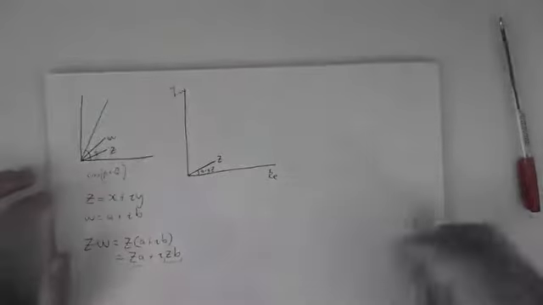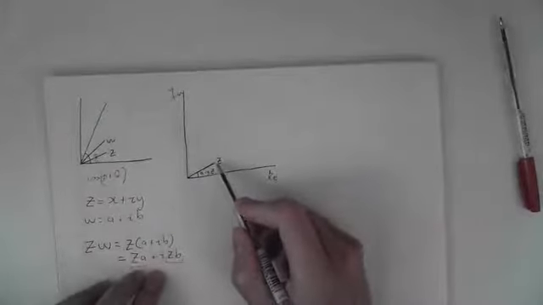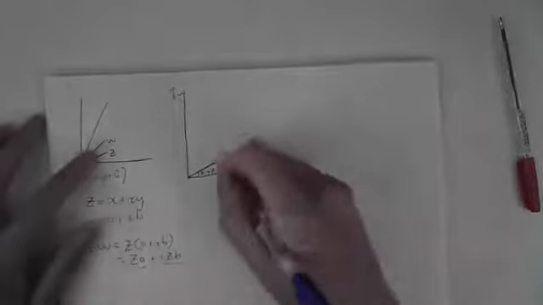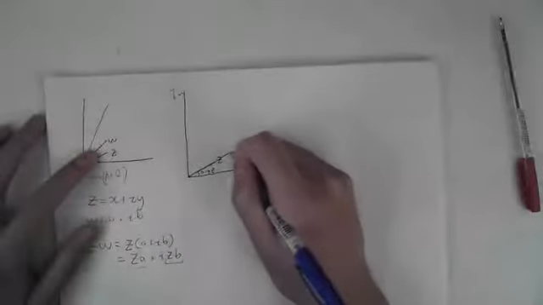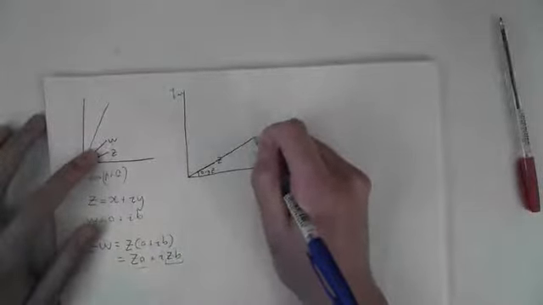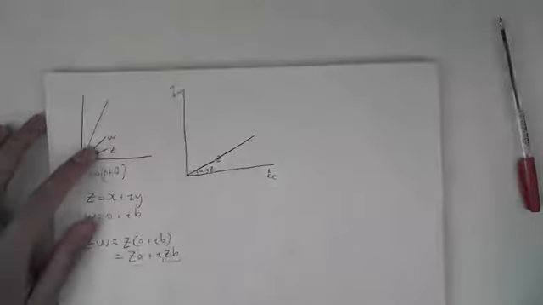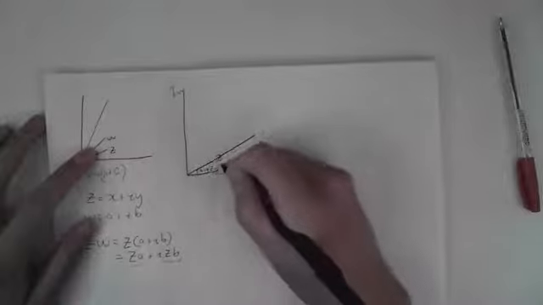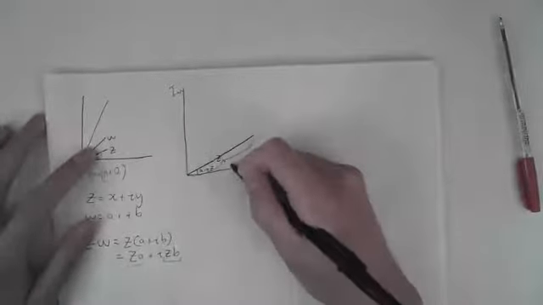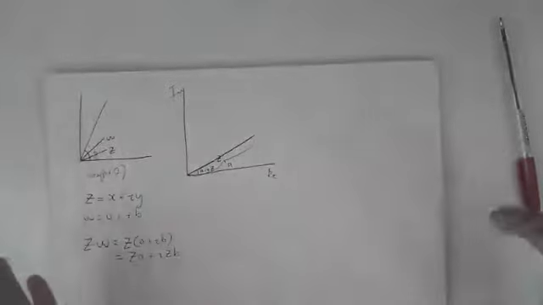What I'm going to do is scale this up by a factor of a. So I'm going to make it bigger by a factor of a. I'm doing this in blue if you can't see. So this whole length is scaled by a factor of a.